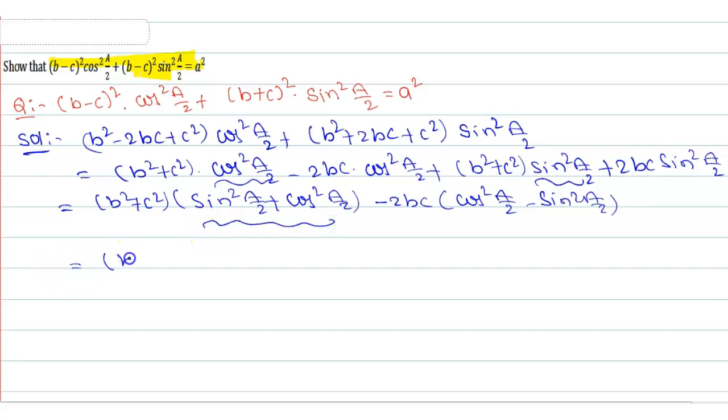So it equals (b² + c²) into 1 minus 2bc into, this is the formula for cos A, so 2bc cos A.